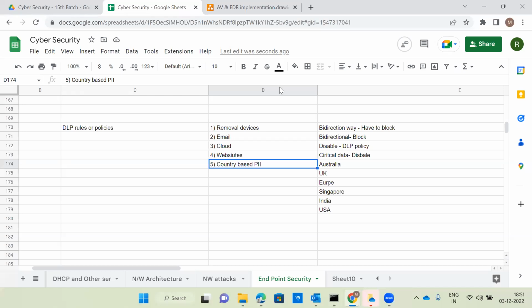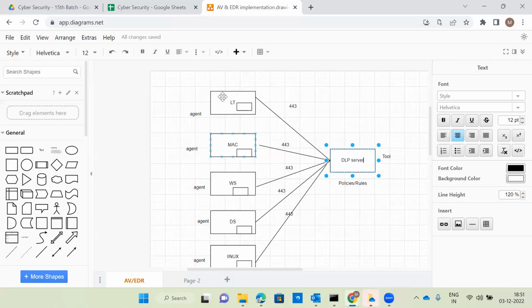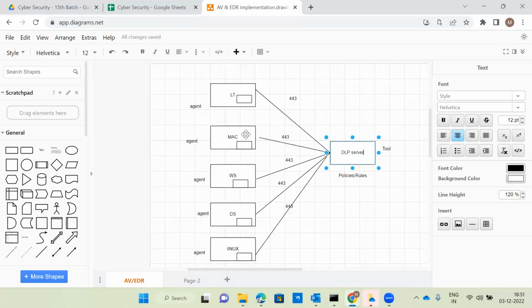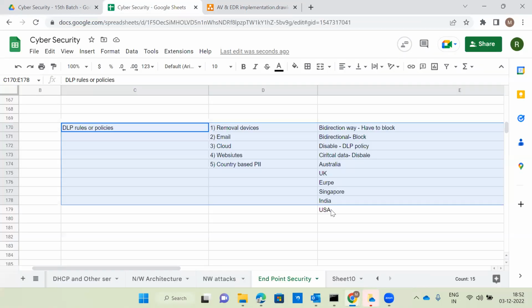Once we are configuring, for any employee, for example, these are all the employees' laptops. This employee is copying something through a pen drive, or maybe this person is uploading something to a website. Maybe this person is sending an email from professional to personal email ID, and this guy is accessing some of the cloud-related instances. In that scenario, this agent will communicate to this DLP server based on the policies we configured. It will block it automatically.